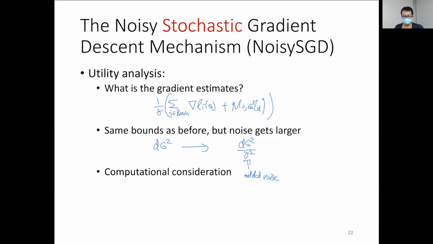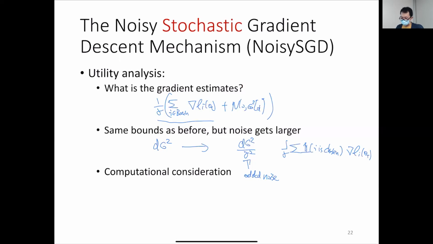Notice that this is a summation of n random variables, and we can rewrite this as 1 over γ, times the indicator that i is chosen, times the gradient of the loss at i, θ_t.